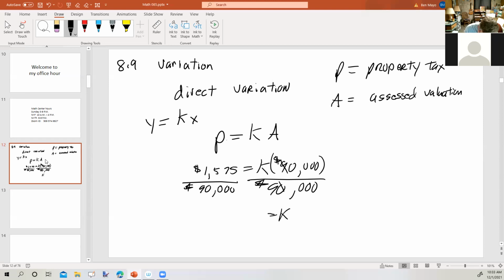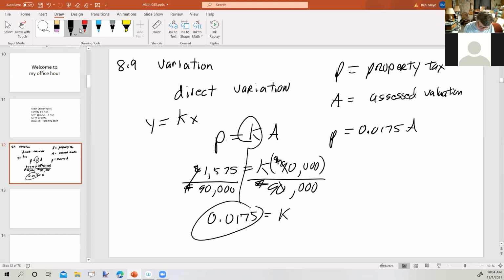So K equals, if we take 1575 divided by 90,000, does it come out exact? It does. It comes out 0.0175. You don't want to round K off. So if it doesn't come out to an exact number, leave it as a fraction and reduce it. Okay, so now I've got P equals 0.0175 times A. Okay, because we put K in here.